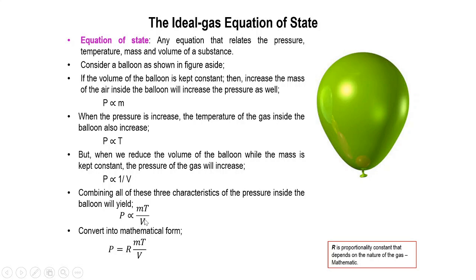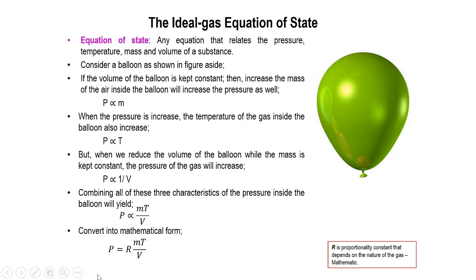We convert it into mathematical form. We get R here, which we call the universal gas constant. Basically we need some constant in order to make pressure equivalent to mass, temperature and volume. Your gas constant R is a proportionality constant and depends on the nature of the gas.